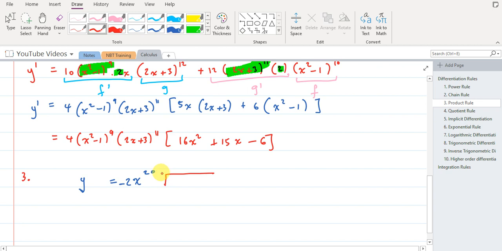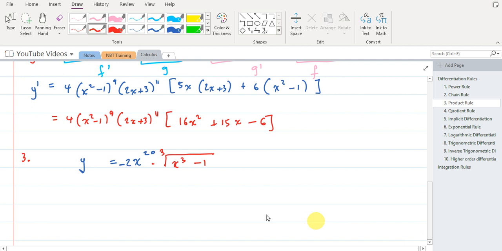Let's take the times the cube root of x cubed minus 1. So that's my function. We need to rewrite this in a neater form, which is minus 2x to the power 20.